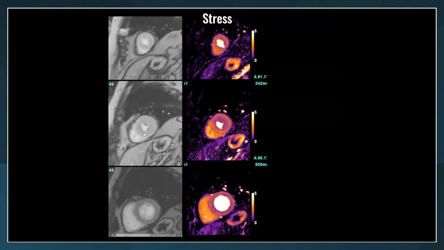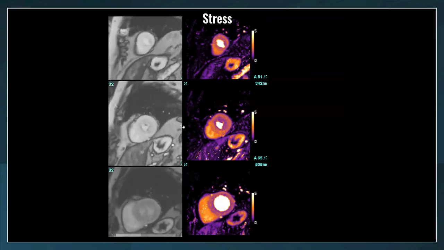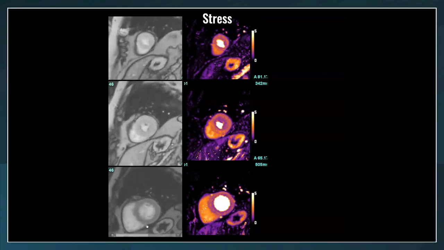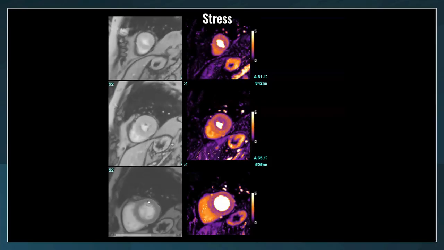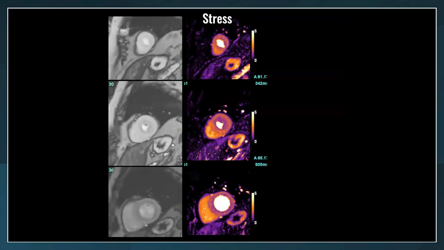The mid short axis perfusion is on the middle panel, and the corresponding myocardial blood flow imaging during stress is demonstrated on the right side. The bottom panel demonstrates the basal short axis perfusion during stress, matched by the blood flow pictures on the right side.